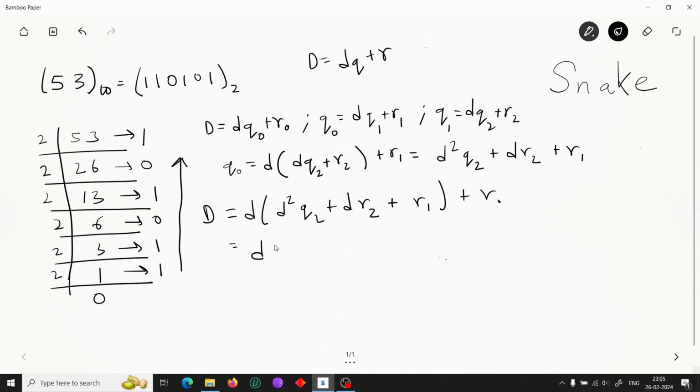So we will get d cubed q2 plus d square r2 plus d r1 plus r0.